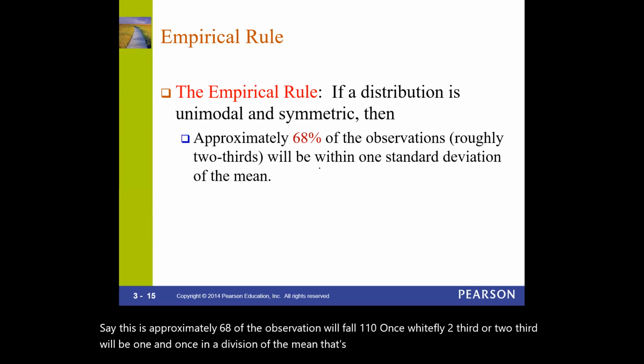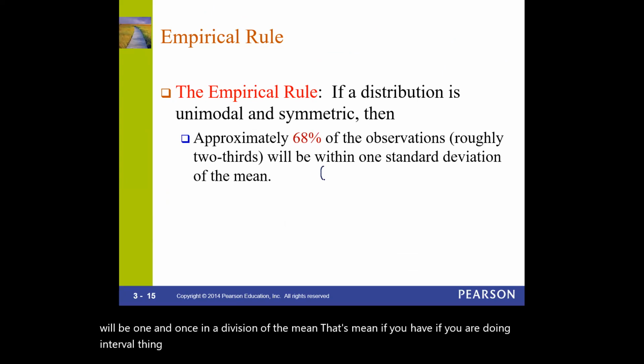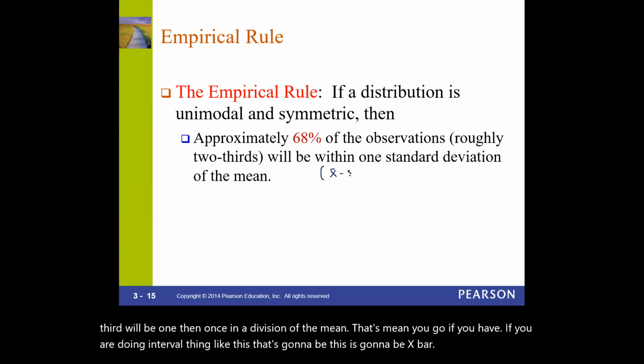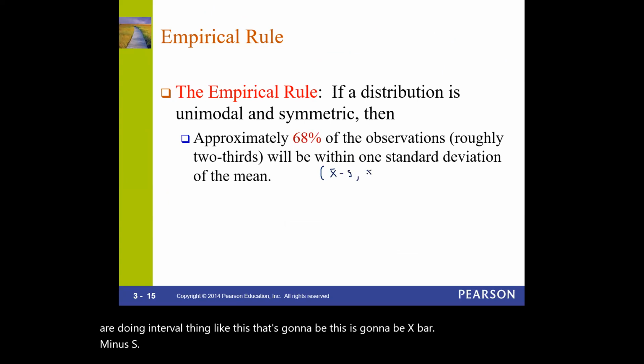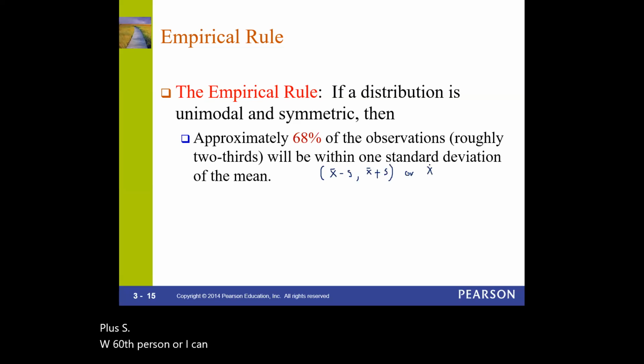If you are doing an interval like this, that means X bar minus S to X bar plus S, that'll be 68%. Or I can say X bar plus or minus S. That'll be 68% of the observations that will fall there.